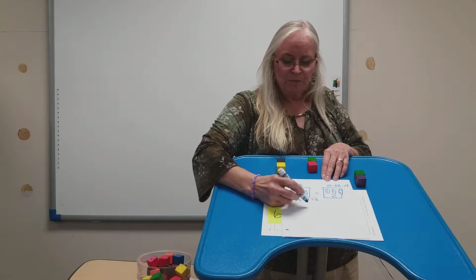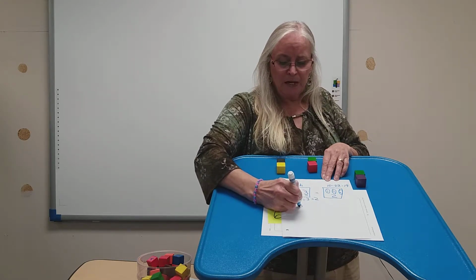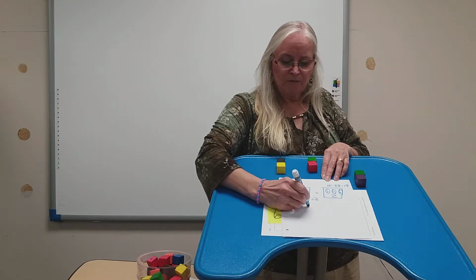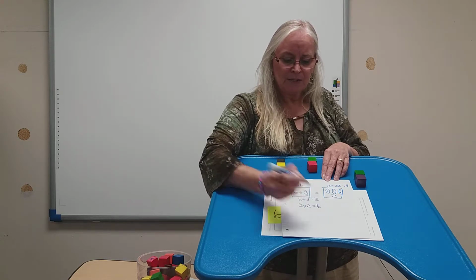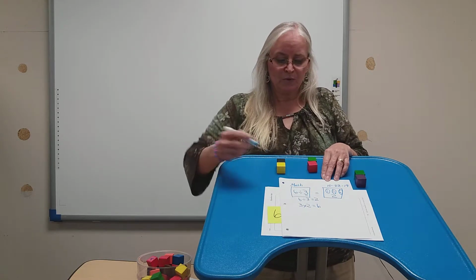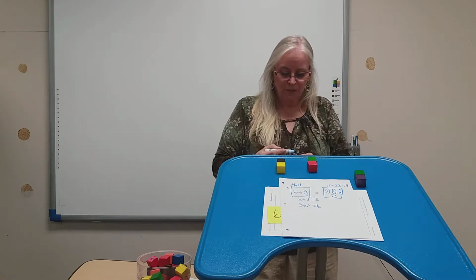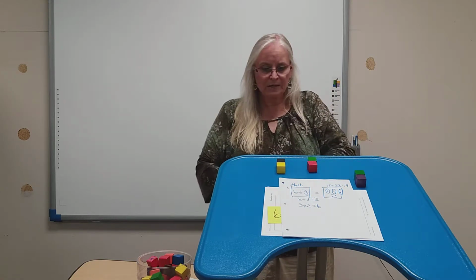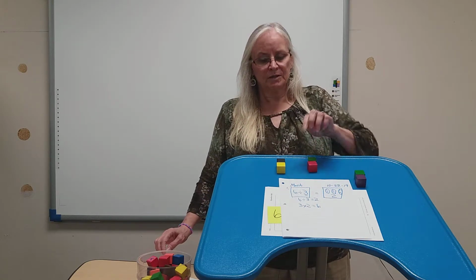We can also say that 3 groups of 2 is 3 times 2 equals 6. And that's what I want you to write down for each group that you do, okay? So that we're bringing it back to our multiplication, but we're also showing the division.